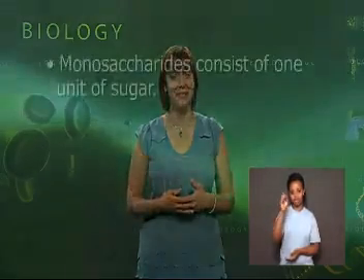Today, we are going to focus our study on monosaccharides. We are going to learn about the structure of monosaccharides and look at glucose, galactose, and fructose. Are you ready to begin, students?